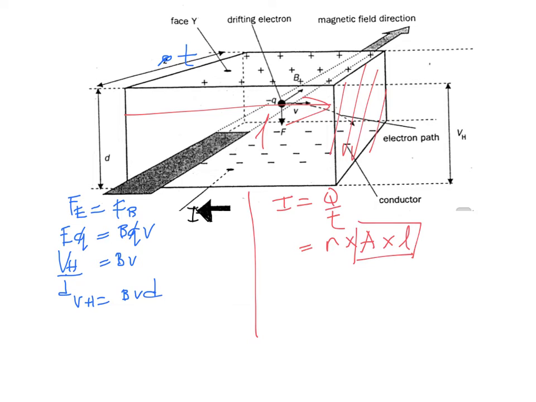So if N is the number of electrons per unit volume, you multiply by this volume, you get the total number of electrons. Then you multiply by the charge of each electron to get the total charge, and divide by the time.